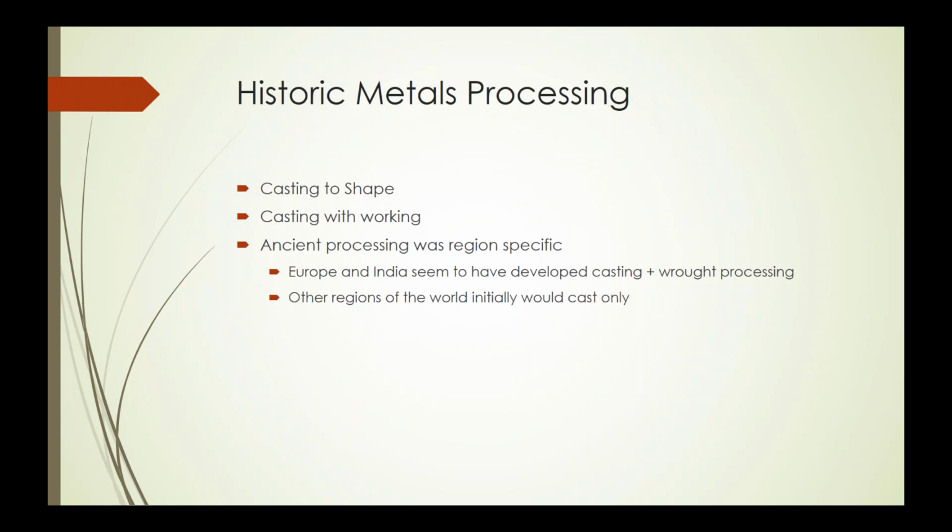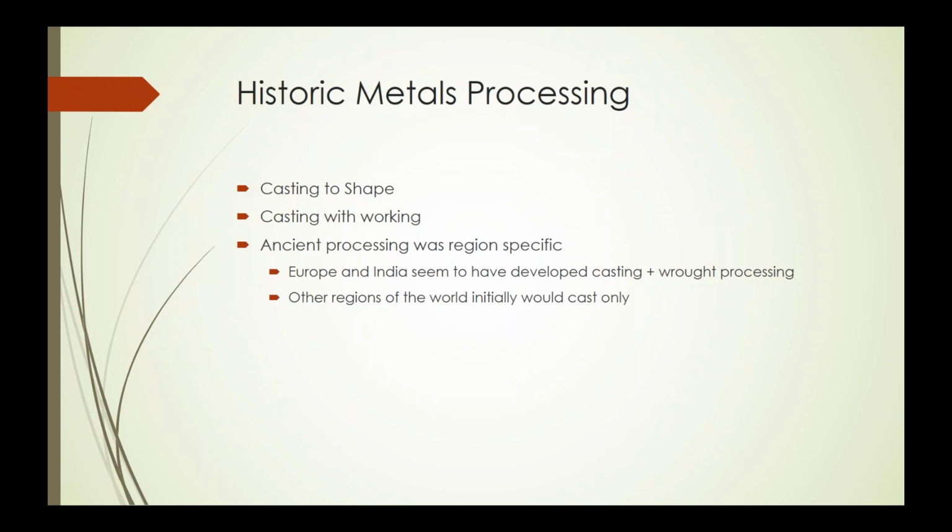In historic metal processing, much of it was casting when they melted it, casting to shape. Later, it was casting with some type of working. They cast it into a shape. Often, again, they would work it with those primitive tools into the final shape that they would like. And ancient processing was somewhat region-specific.